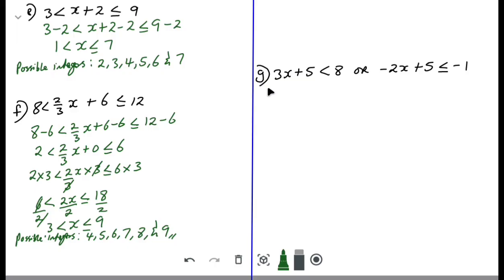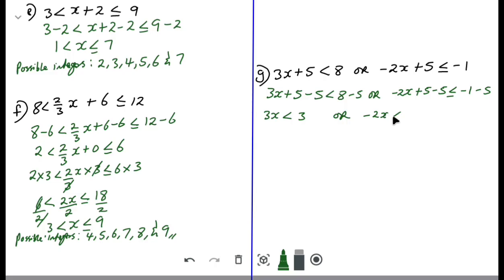So we have 3x plus 5 minus 5 less than 8 minus 5 or minus 2x plus 5 minus 5 less than or equals to minus 1 minus 5. So this will be 3x less than 3 or minus 2x less than or equals to minus 6.